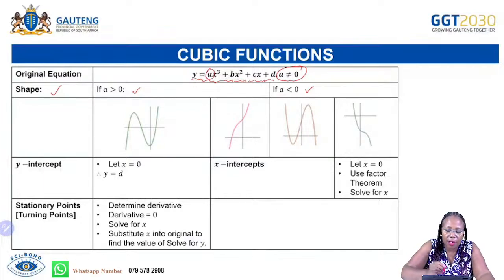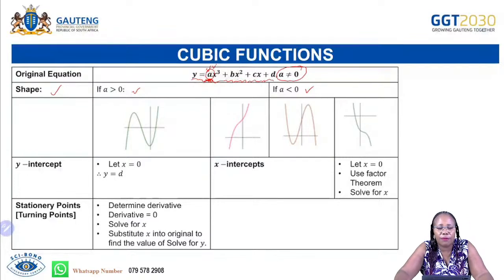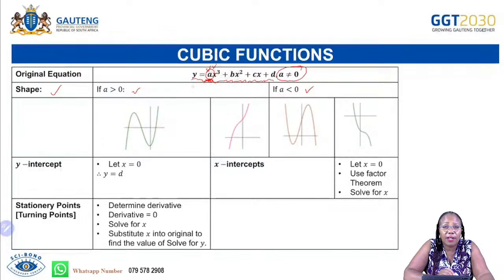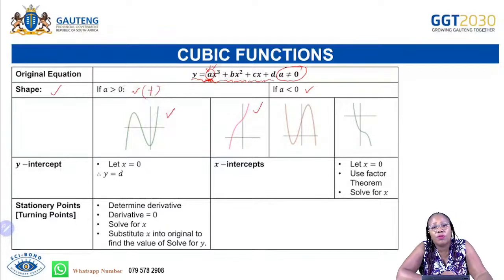Right, grade 12. Now we are talking about this a value, which determines the shape of your cubic function. If that particular a value is greater than zero, that means the value of a is positive, and this is the shape that we are expecting. If not that one, it will be a smooth one like the second one there, depending on the equation given to you.